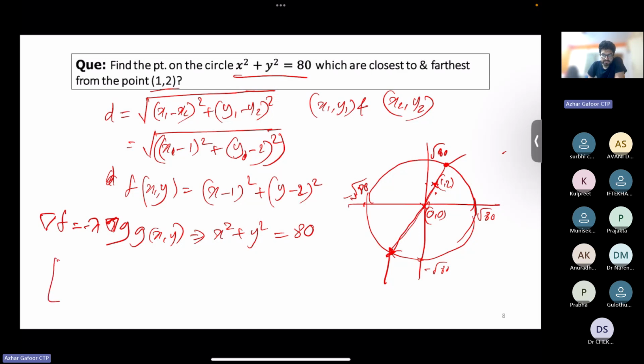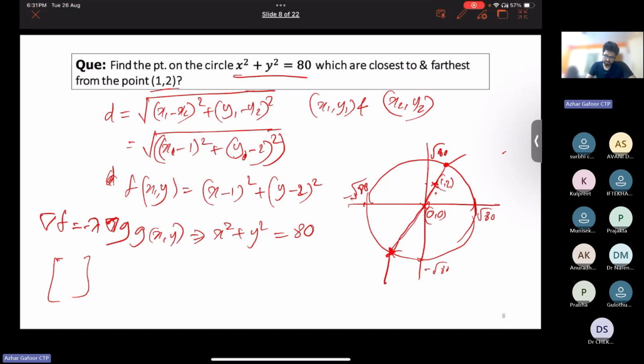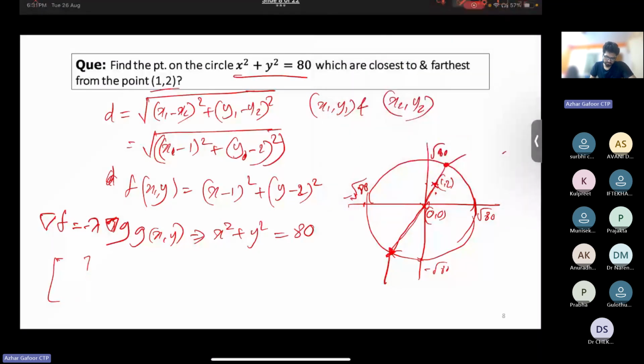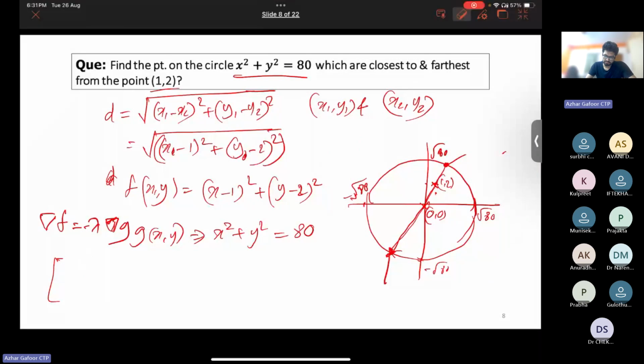So if we write that, what are we going to get? We have 2x minus 1, then we have 2y minus 2.